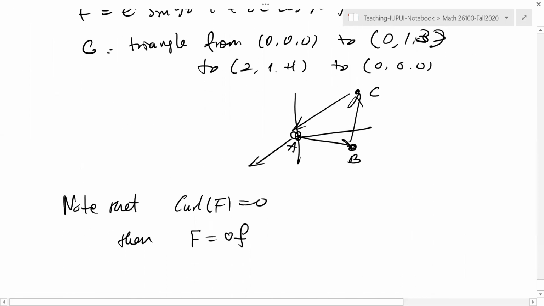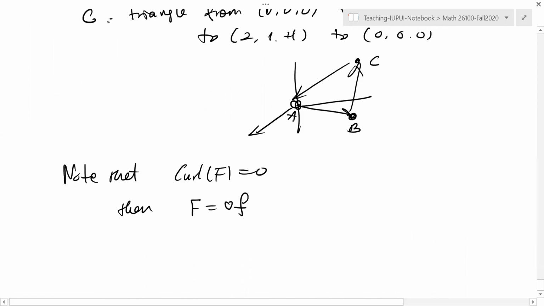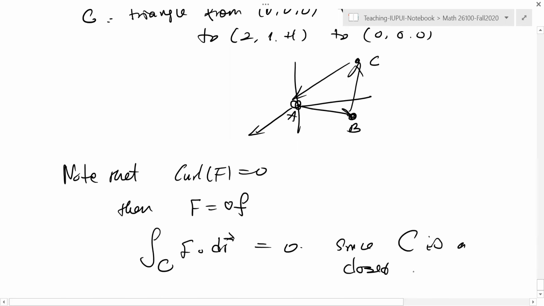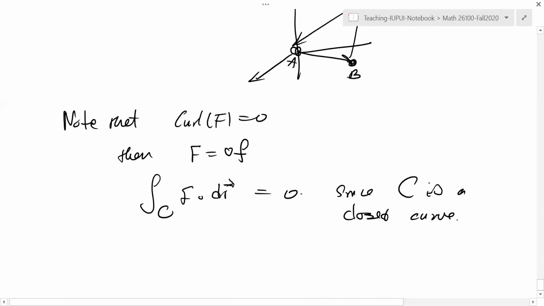But for this particular problem, we don't need it because it's a closed curve. Therefore the integral of this is going to be 0, since C is a closed curve. If it's not a closed curve, then you have to find f.